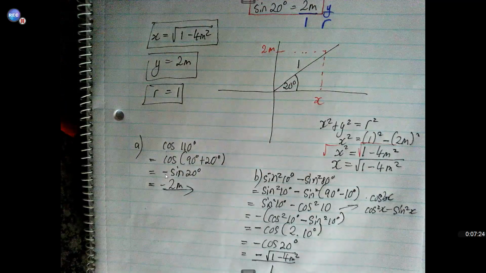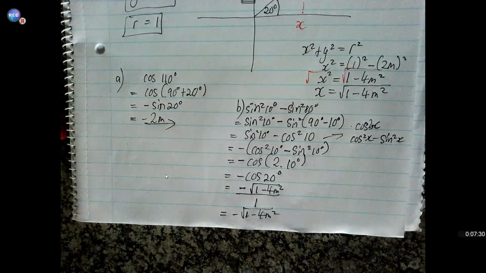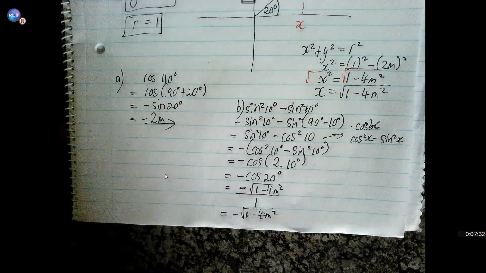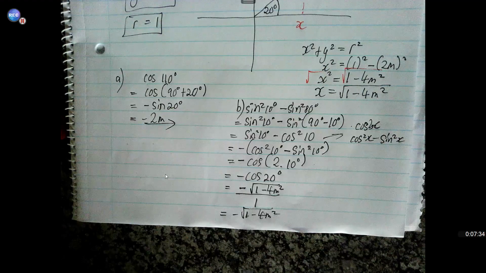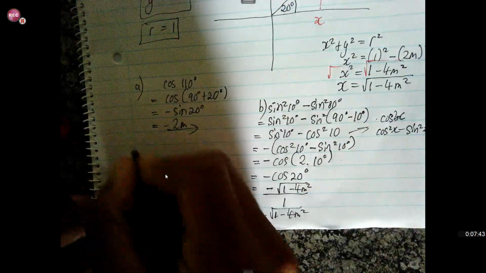So this is going to be the final answer here. Let me just put it here. So your final answer is going to be negative square root 1 minus 4m squared. So then from there we're going to the second one, which is C.